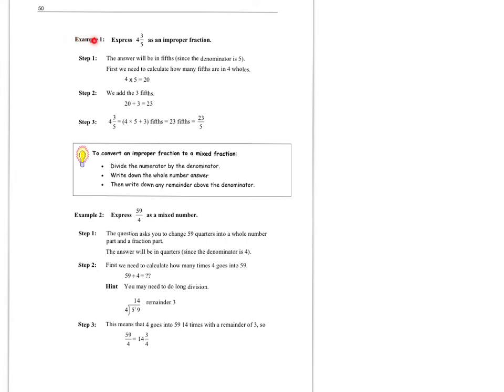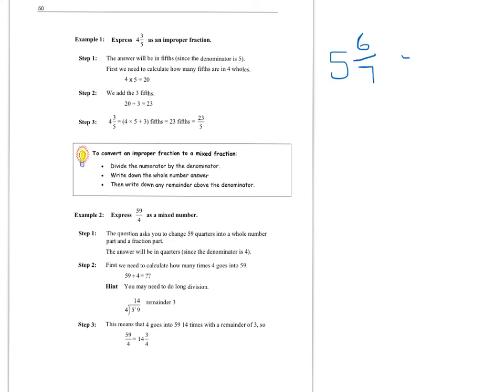On this page there is another example set for you which takes the mixed number and asks you to convert it into an improper fraction. And as the steps are shown for you, I'll let you work that one on your own. But I will set another example for you, which is 5 6/7.